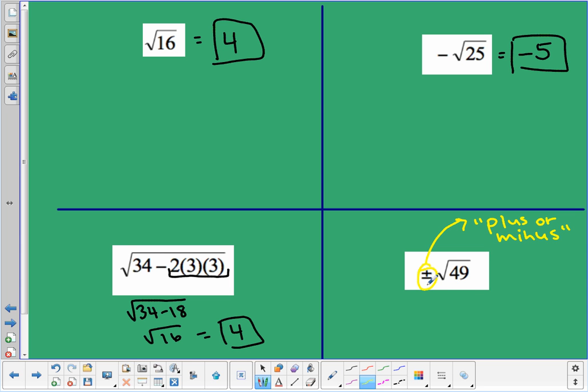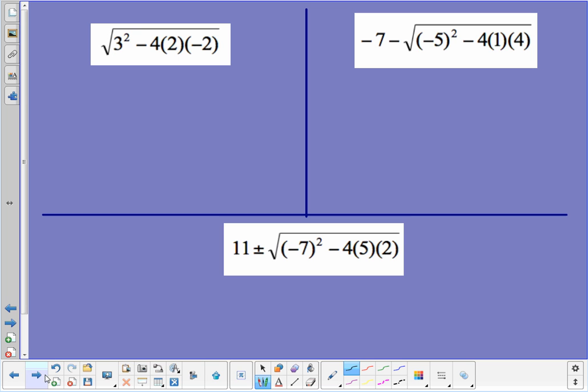I can take 7 times 7. I can also take negative 7 times negative 7. So in this case, I'm looking at plus or minus 7 for my answer. You could also list that as 7 comma negative 7. Both of those mean the same thing. You want the positive version and the negative version.